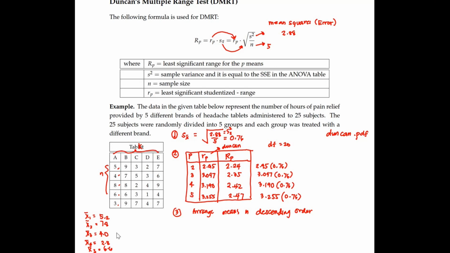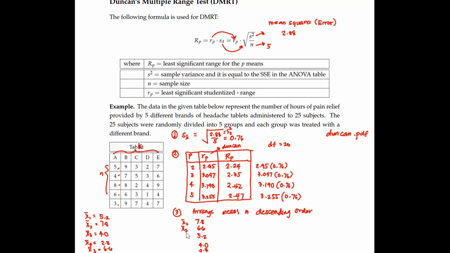Next, okay, so we have the following means in descending order. Gikan sa pinakataas padulong sa pinakaubos. So we will have, pinakataas diri is 7.8, then 6.6, and then 5.2, and then 4.0, which is x sub bar 2, x sub 5 bar.